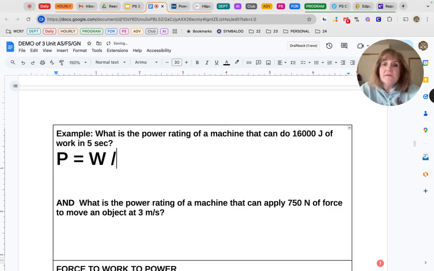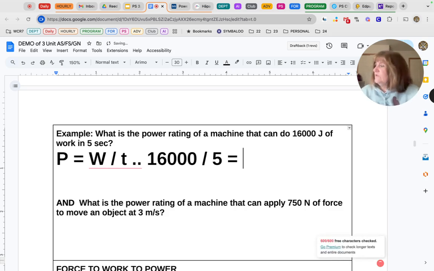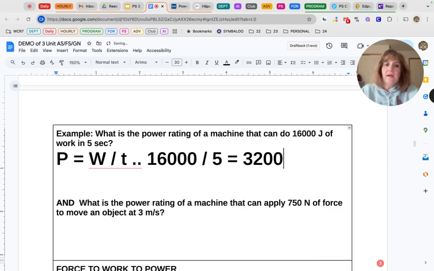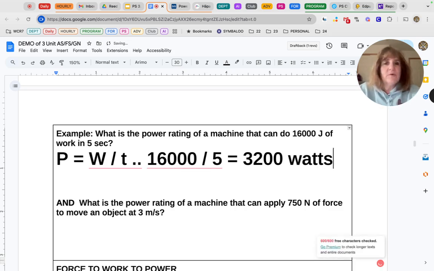Power is work divided by time. 16,000 divided by 5 is equal to, grab my handy dandy calculator, 3,200 watts. And again, don't abbreviate it as a W.